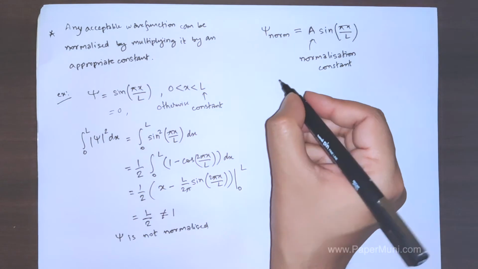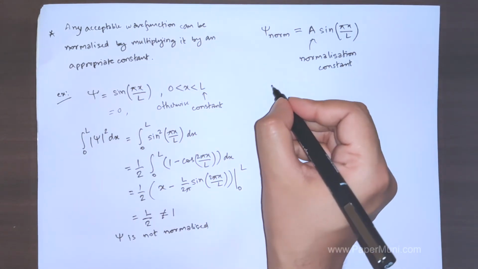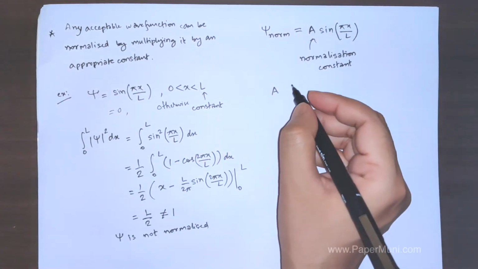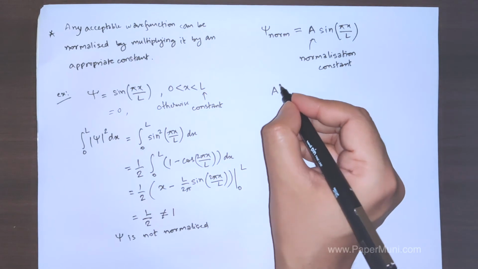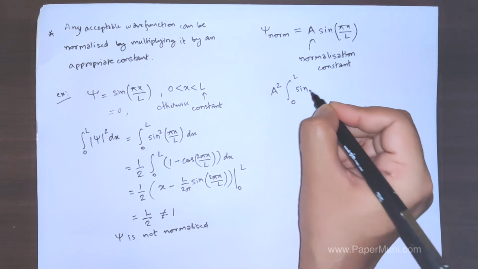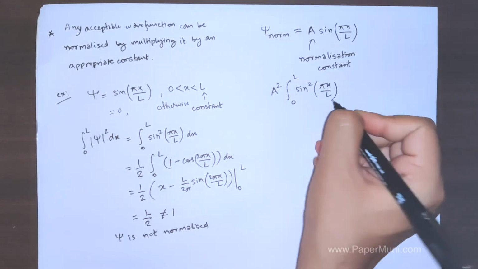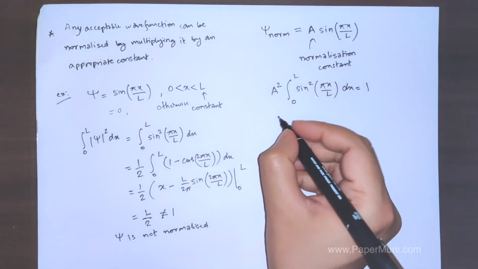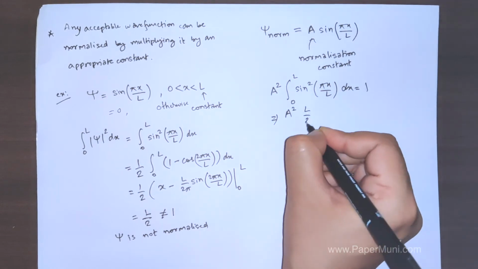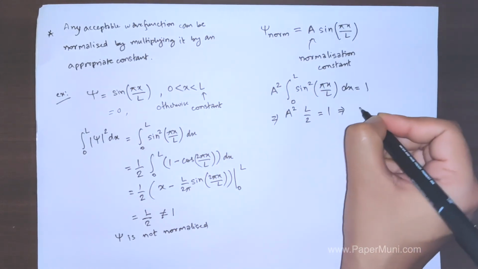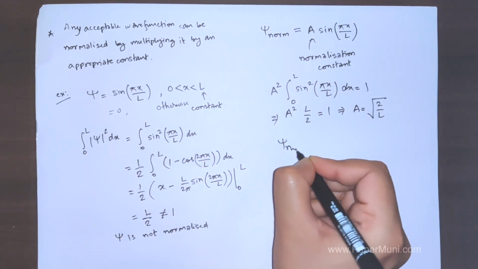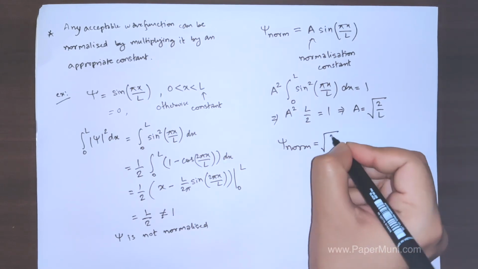If we apply the normalization condition to check, the integral of psi mod square from 0 to L, a squared sine squared(pi x by L) dx, is equal to 1. Now we have already calculated this integration, so we write a squared times L by 2 is equal to 1. Now a is equal to root 2 by L. This is called the normalization constant.